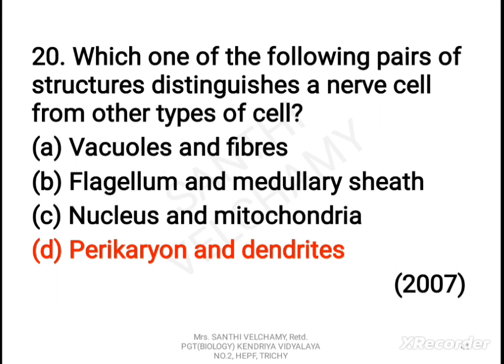Each neuron has an enlarged portion, a cell body, that is the perikaryon, containing the nucleus, and several extended processes that you call dendrites. The next, one long process, you call that the axon. So all together, they have the perikaryon and dendrites. So that's why D is the correct answer.